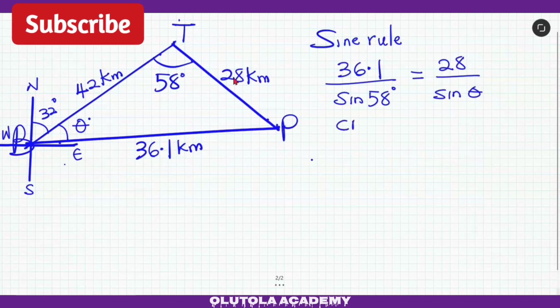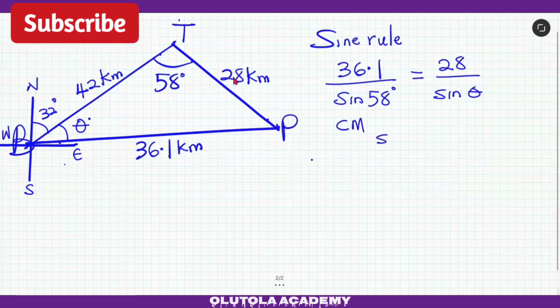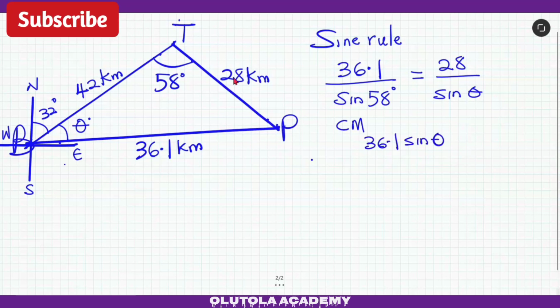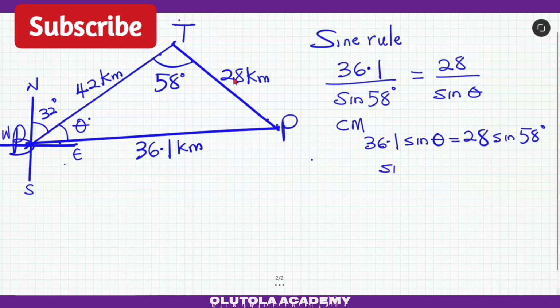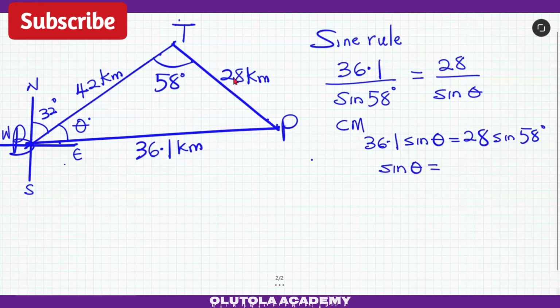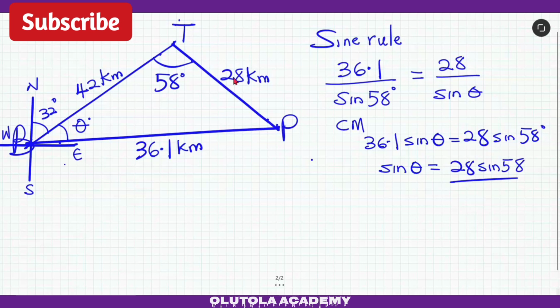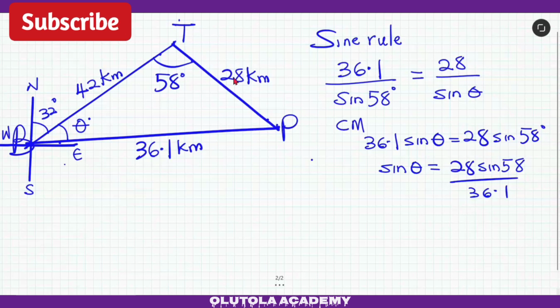When we cross multiply, we are going to have 36.1 sine theta equals 28 sine 58 degrees. So sine theta will give us 28 sine 58 over 36.1, and we can use the calculator to do this.